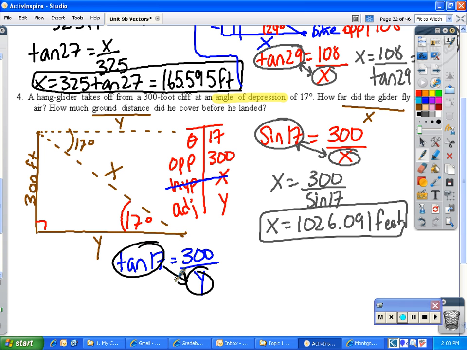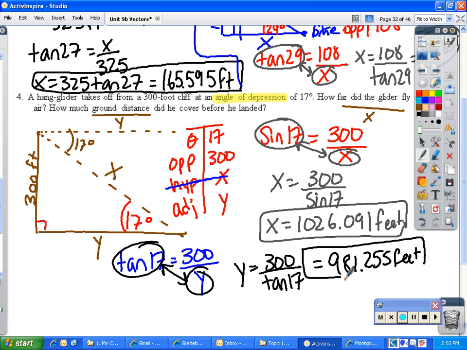We end up with y equals 300 divided by tan of 17. And when I do that using my calculator, I get 981.255 feet. So he traveled 1,026.091 feet in the air, 981.255 feet on the ground.